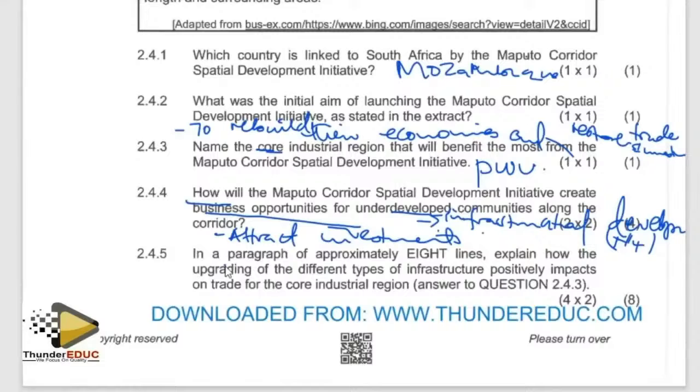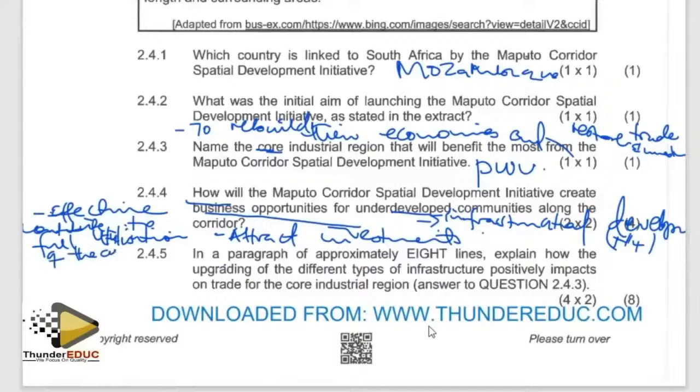Okay, N14. Then you can look at other aspects like it will effectively contribute to full utilization of the available natural resources.